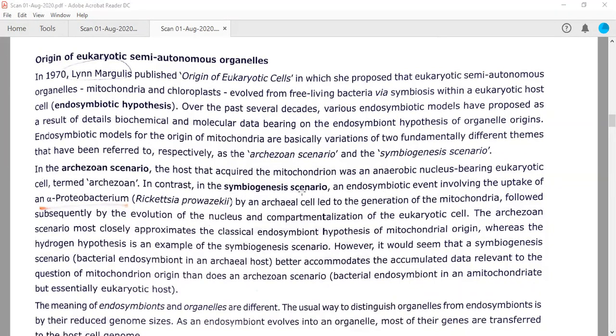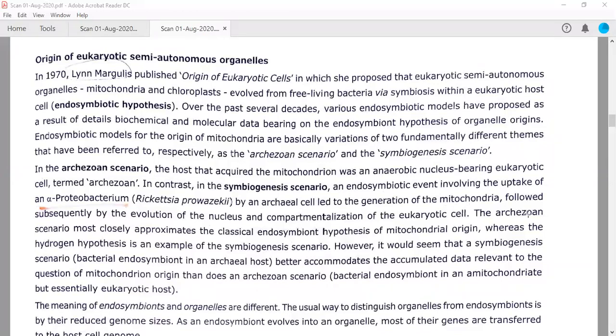So according to the symbiogenesis scenario, it was believed that it was an archaeal cell which engulfed this alpha proteobacteria, Rickettsia prowazekii, and this led to the evolution of not only the nucleus but also the compartmentalization within this eukaryotic cell. So they believe that this eukaryotic cell evolved from the combination of a bacteria, that is Rickettsia prowazekii, and an archaea, which is the host here.